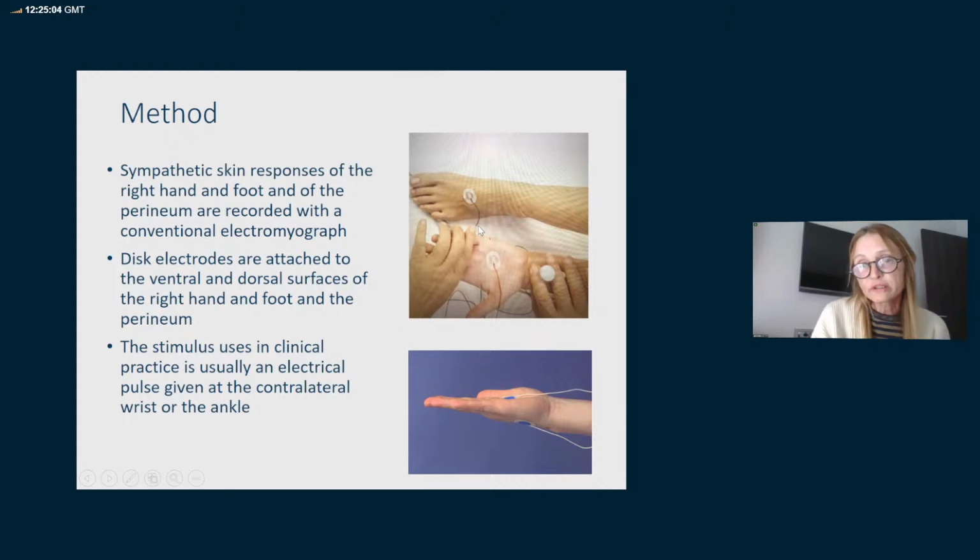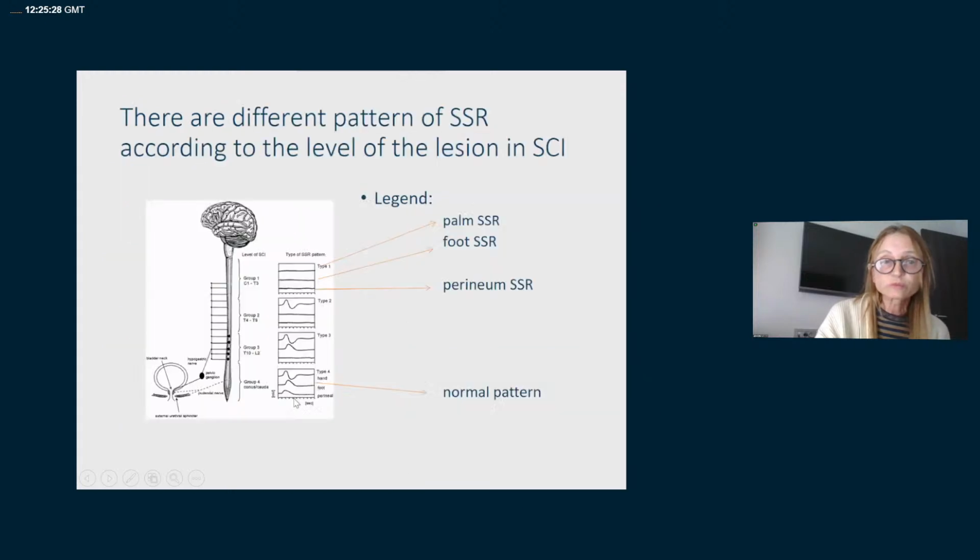We use the right hand mostly, but you can also use the left, or the foot, and also the perineum. And the stimulus used in clinical practice is usually an electrical pulse given at the contralateral wrist at the median nerve, or at the ankle at the tibial nerve.